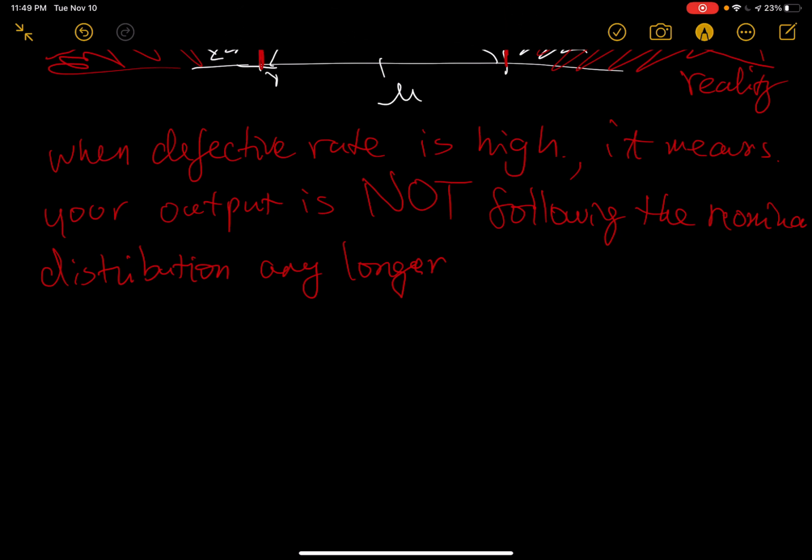It's not following the normal distribution any longer. So here's the deal, you're not following that any longer.